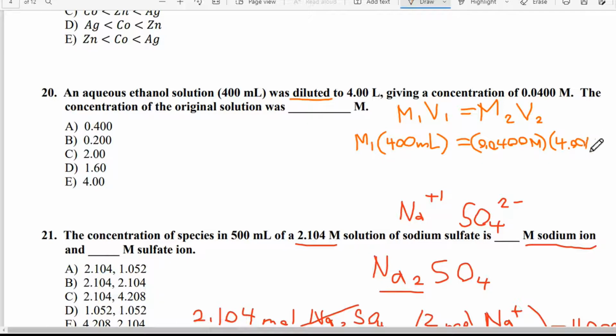Yeah, it actually does not matter. You can convert the milliliters to liters and have them both be liters, or you can convert the liters to milliliters and have them both be milliliters. In this case, though, if you go ahead and calculate that, you should get an answer of 0.4.